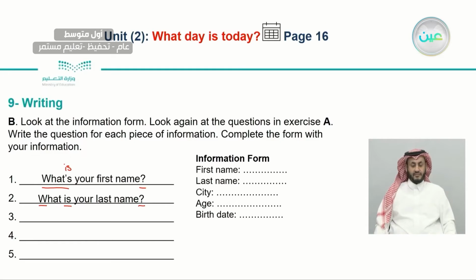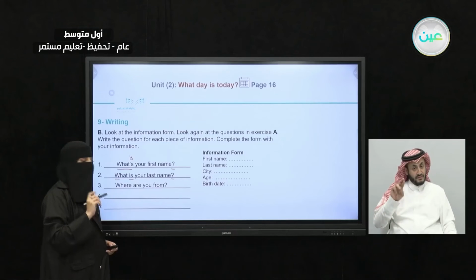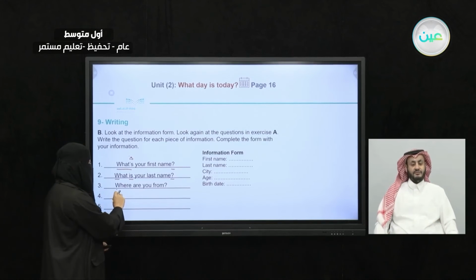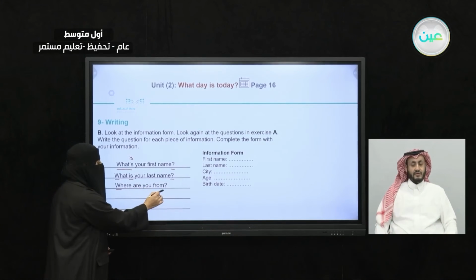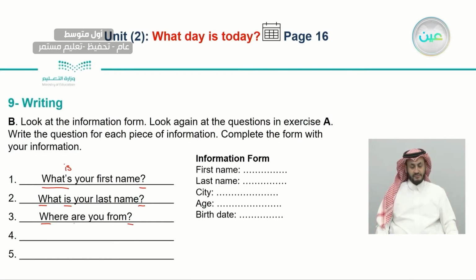Okay? Number 3, I'm asking about a city, name of a place. So which is the correct question word? Good job. Where? Where are you from? And then end with a question mark, and the verb be comes right after the question word. Number 4, how old are you? Asking about the age.